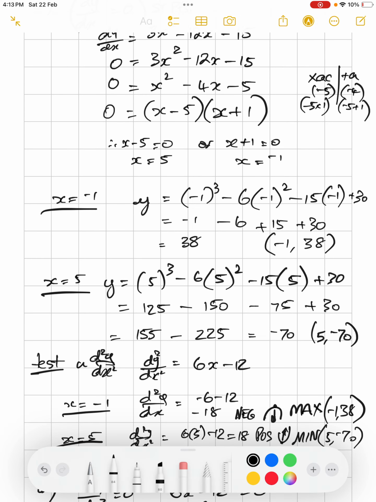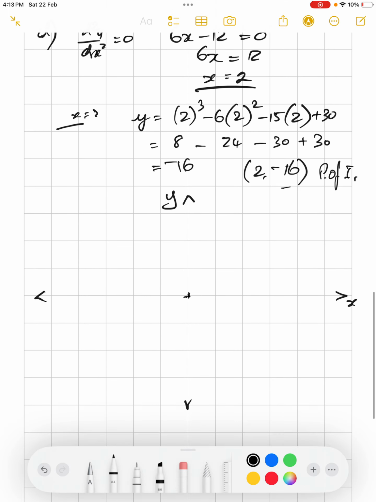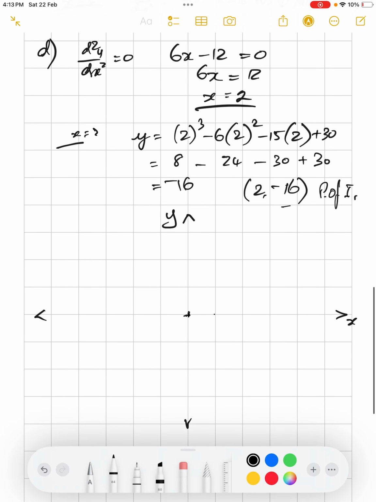We've got negative 70 and 38. Okay. So we're going to have 1, 2, 3, 4, 5, negative 1, negative 2, negative 3, negative 4, and let's go up by 25s, negative 25.